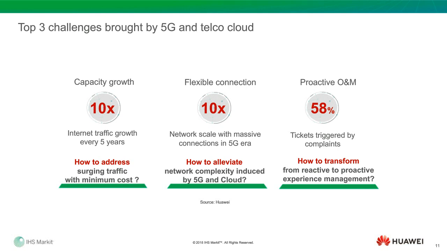That means we have to address this. This is another big challenge for telcos. The third one is operations. Traditional operations, they're not happy with it. Typically, customers complain, they generate tickets, and it takes weeks and months to fix it. Right now, they don't want to continue this way. They want to transform the OpEx from reactive mode to proactive mode. These 3 are the top challenges.